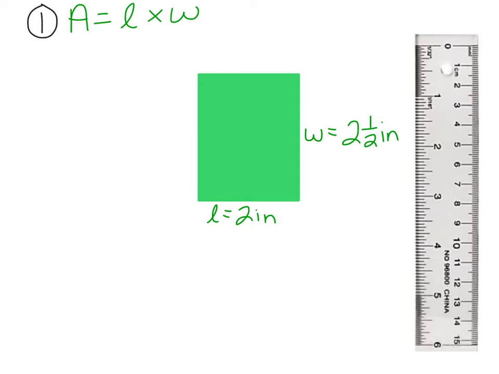Remember I said we're going to do our area model? What that means is I'm going to take my length and leave it as 2 inches. However, my width, I'm going to say that this top portion is 2 inches and this bottom portion is not 1 inch, but 1/2 of an inch.